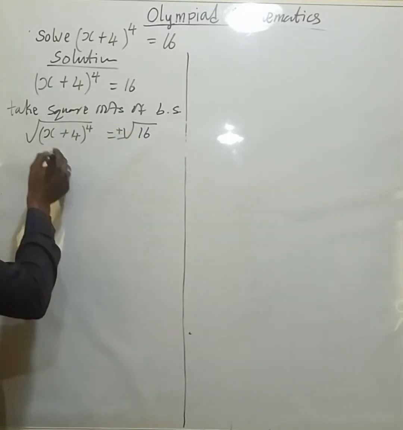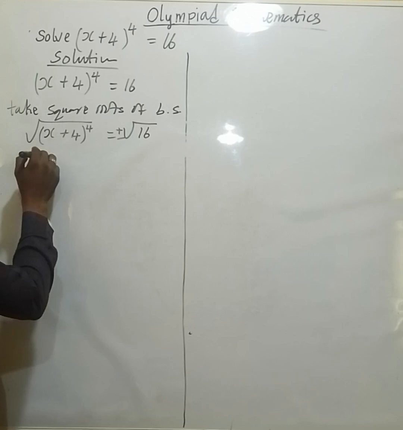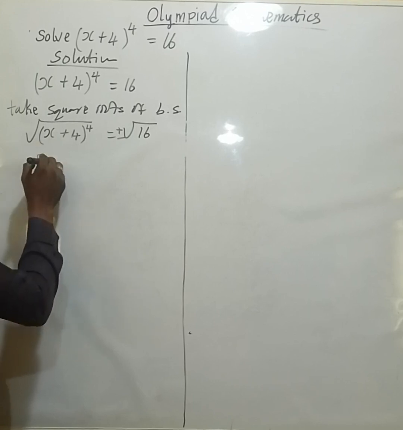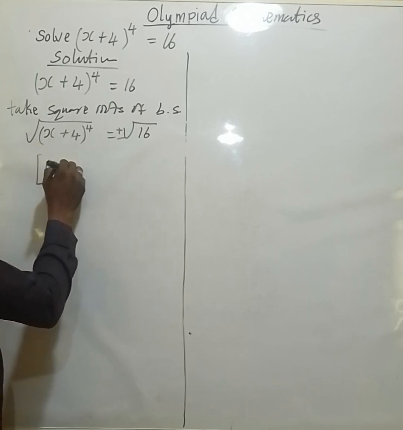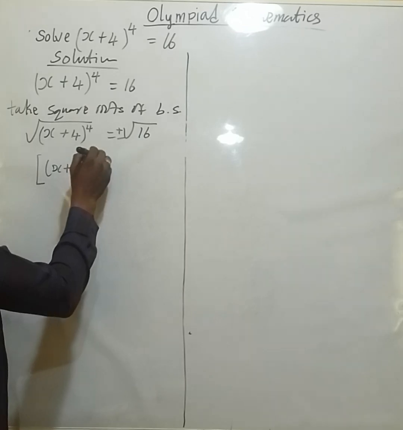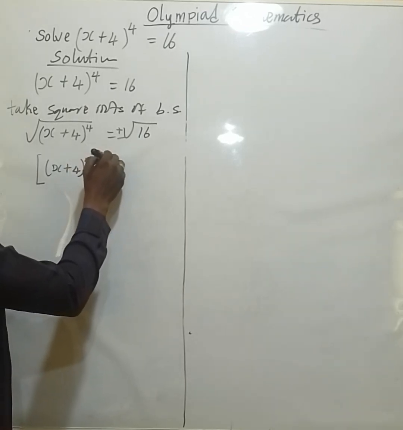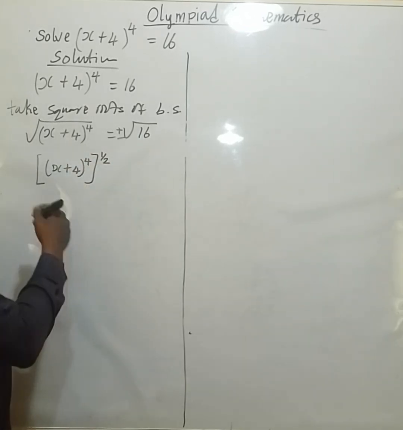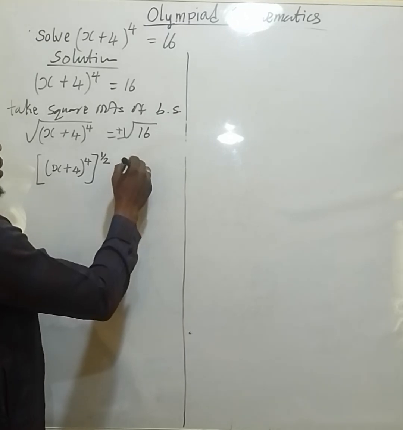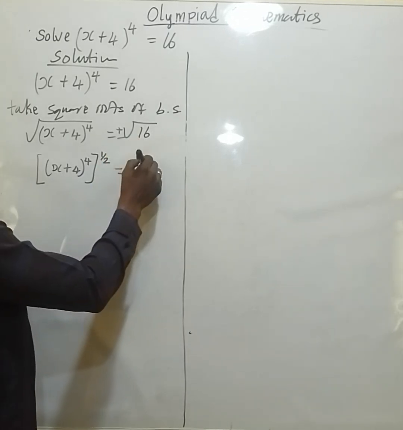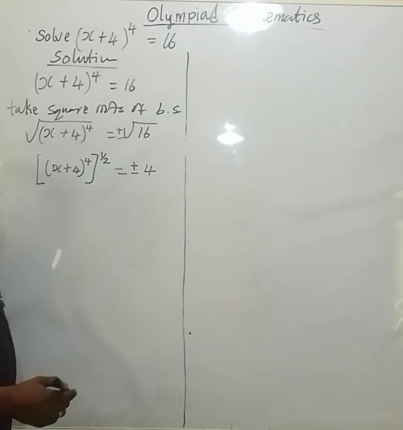Now this square root means (x + 4)^4, everything raised to power 1/2. That's what it means. So it equals plus or minus the square root of 16, which is 4.